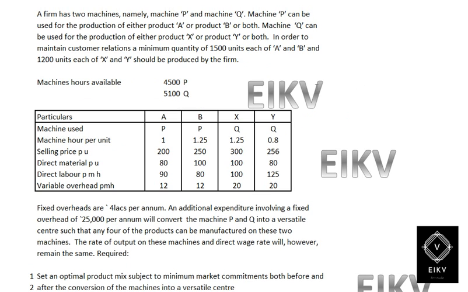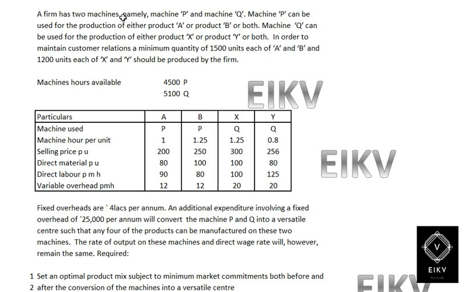So in this illustration we have two machines, machine P and Q. For machine P, products A and B can be used, and for machine Q, the products manufactured are X and Y. Some details have been given.